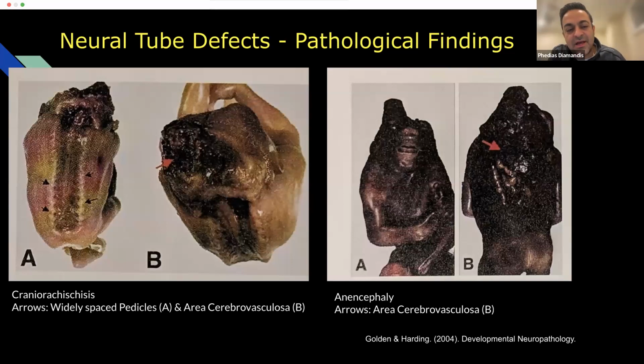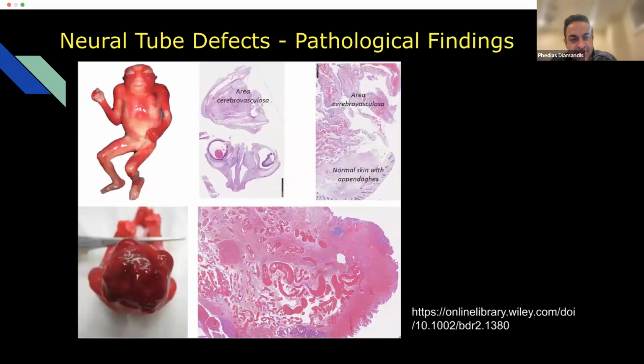Another example, looking from the front, as we'll see, a common theme is that the facial structures are relatively well formed, which is characteristic of these lesions. Here's another example where we see the defect from different angles.